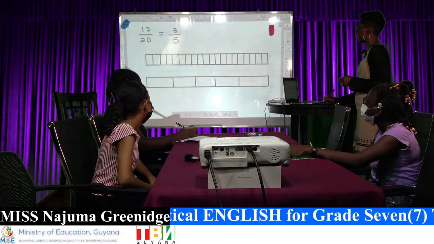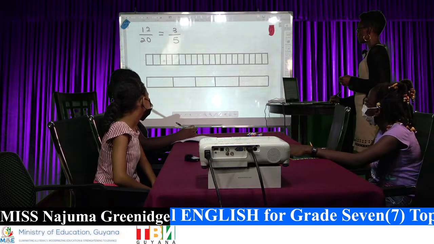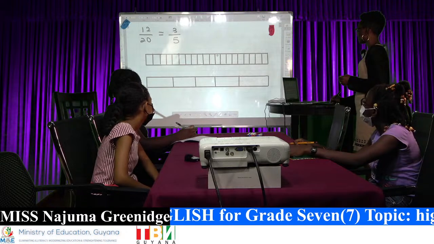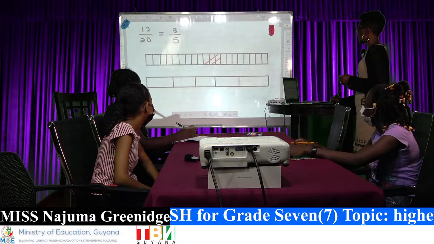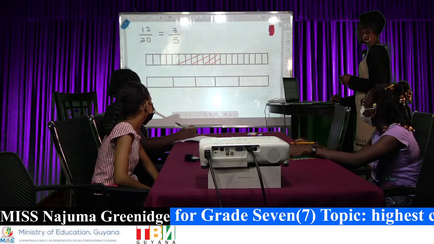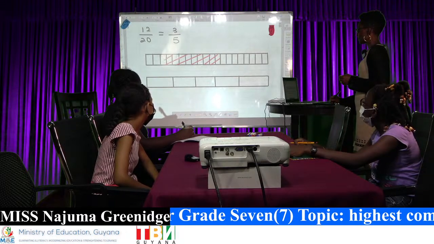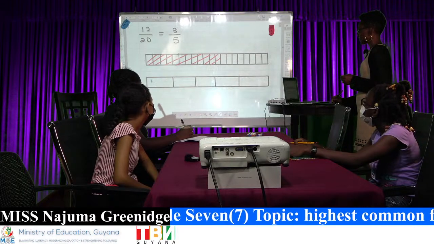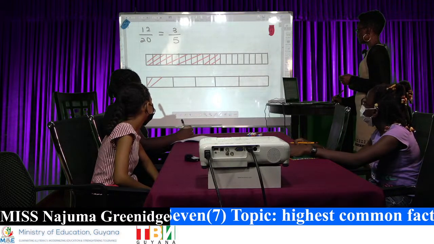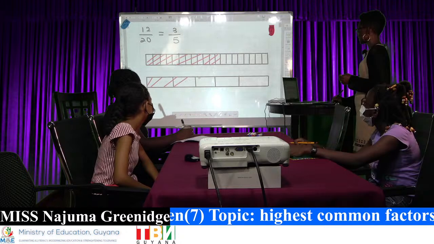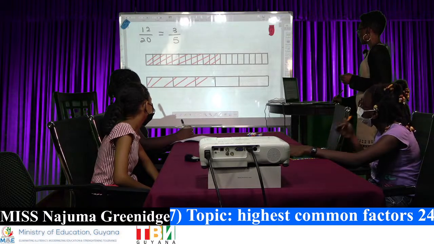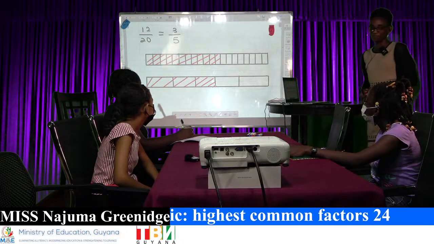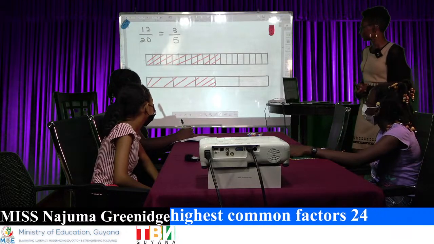So we're taking 12, right? 1, 2, 3, 4, 5, 6, 7, 8, 9, 10, 11, 12. So up to here we have 12 parts. So we took 12 parts out of the 20 parts. And then we're taking 3 parts out of the 5 parts. Right? So it's almost the same. Don't worry with my little, because I didn't divide the parts equally.